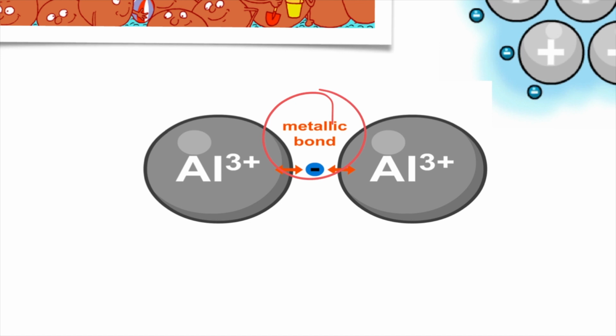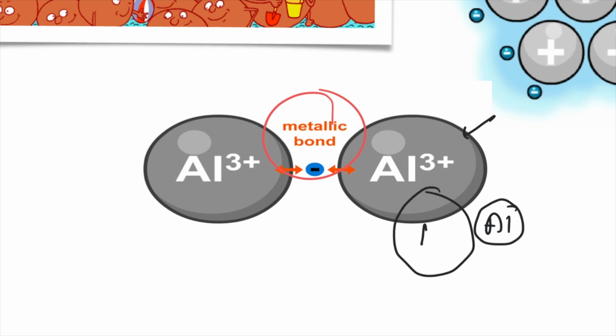Another factor that affects the metallic structure, or the melting point here, is the radius. Aluminium has a smaller radius than sodium. That makes the charge density of aluminium much greater than that of sodium. So again, there are two factors behind the higher melting point of aluminium. One, it has plenty of valence electrons, which bind to the cations.